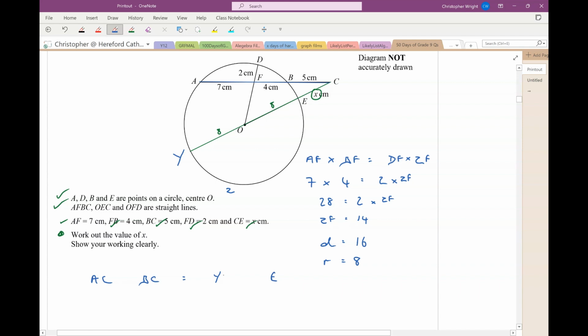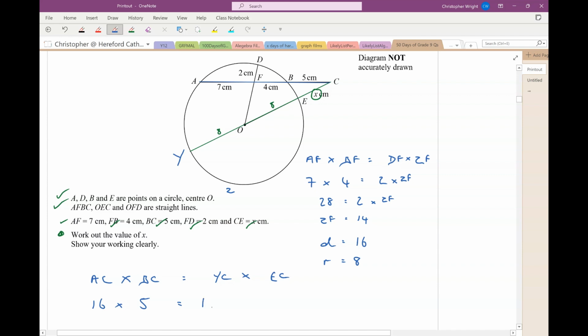C, C, C, C, multiply, multiply. Right. Now, can I fill in the gaps here? Let's have a think. So A to C is 7 plus 4 plus 5, 16, times B to C is 5 equals Y to C. Well, Y to C is 8 and 8 and x, isn't it?